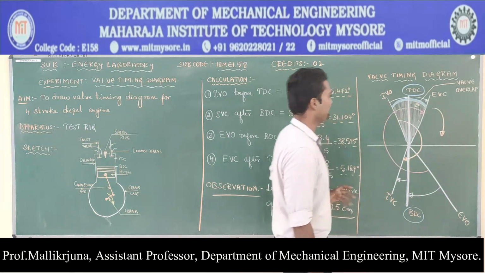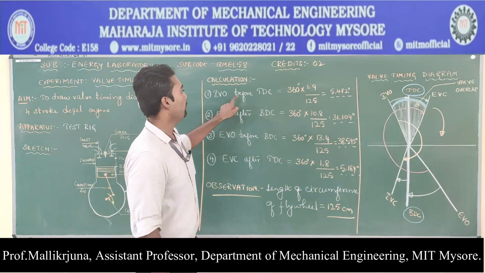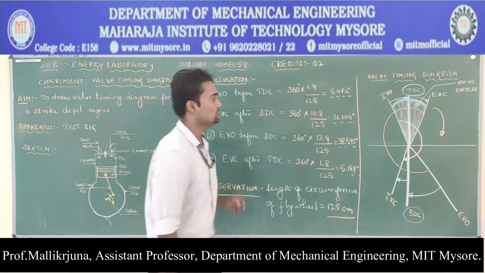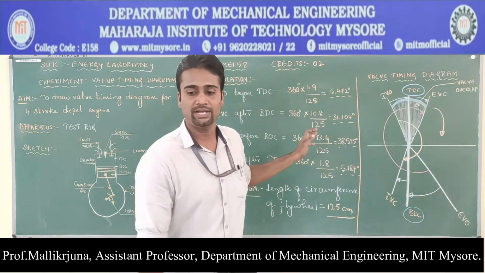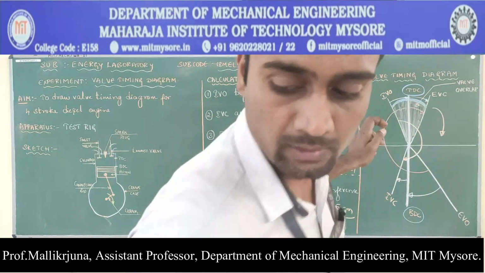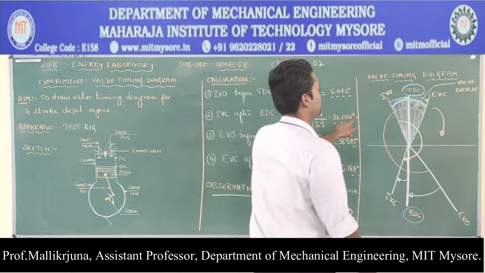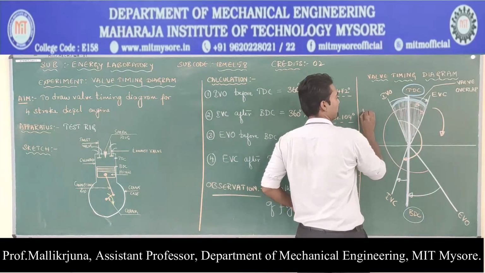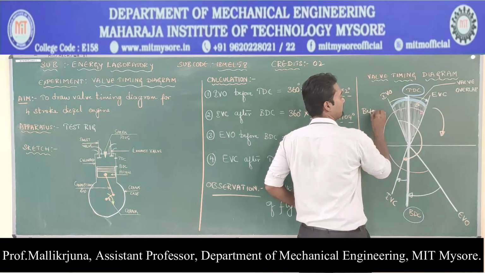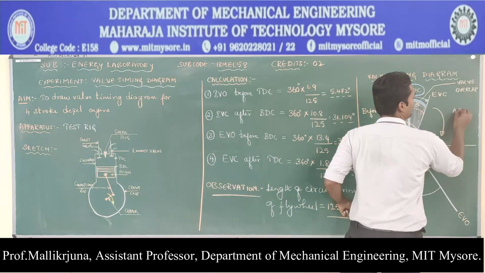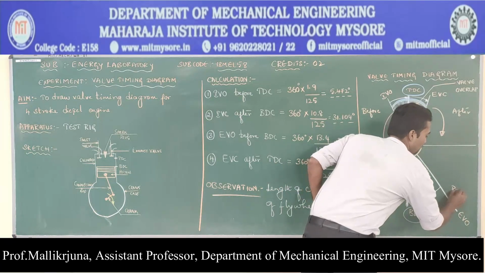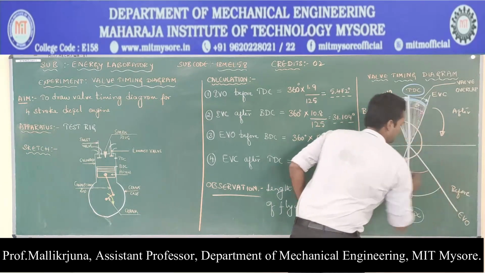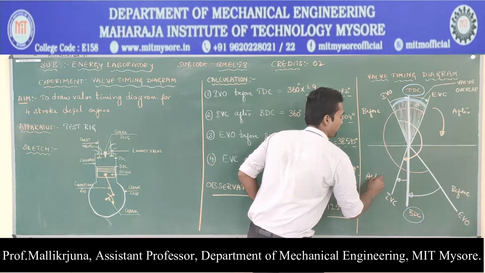Now the very first thing is inlet valve opens before TDC. The left hand side of TDC is before, and the right hand side is after. Similarly, with respect to BDC, this is before and this is after.